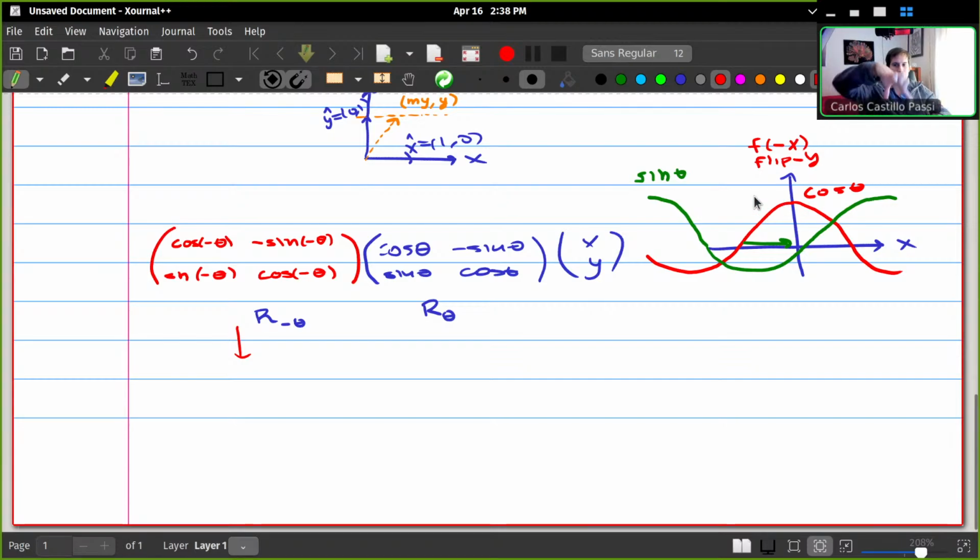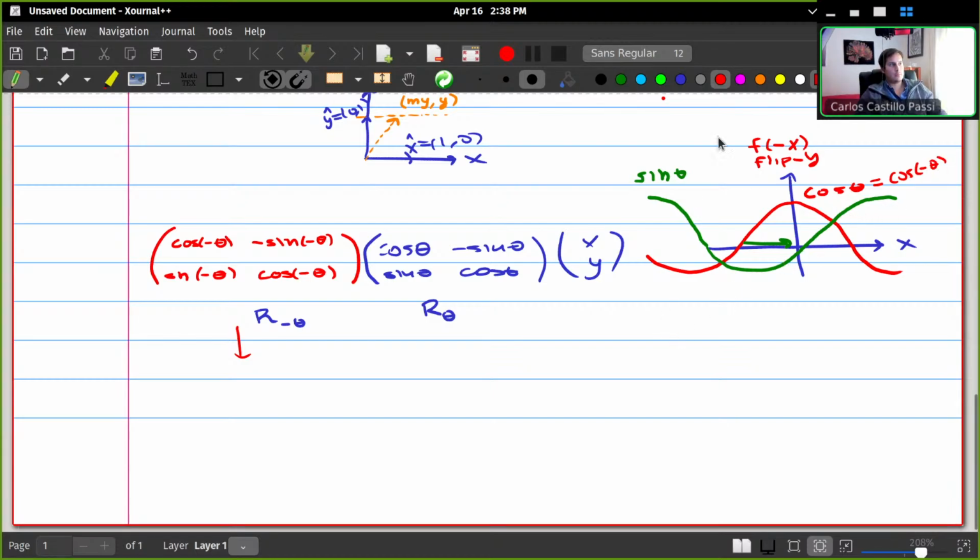So the cosine will be reversed in the x direction, and we can see that cosine of theta is equal to the cosine of minus theta.